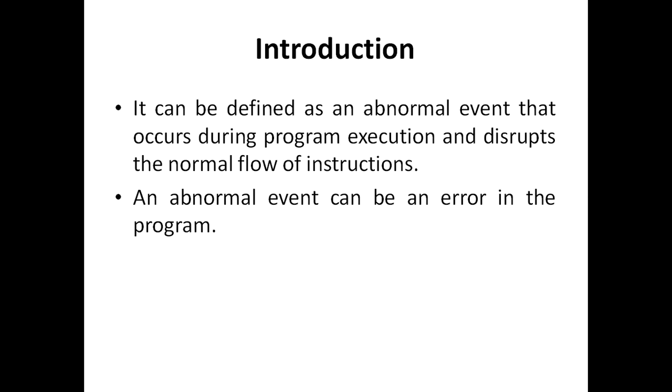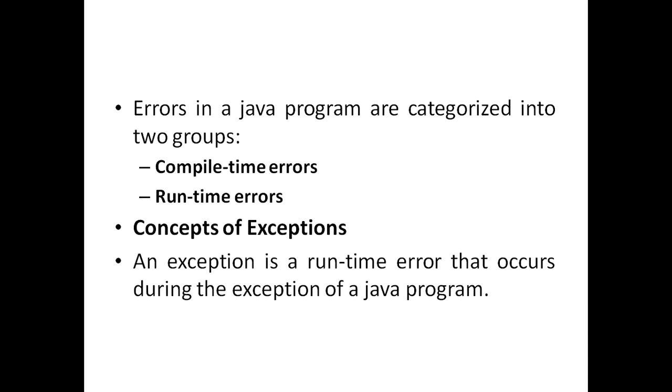It may be while typing the program, it may be during the execution of a program, or it may be a logical error in the program. So errors in Java are categorized into two groups. One we call compile time errors.